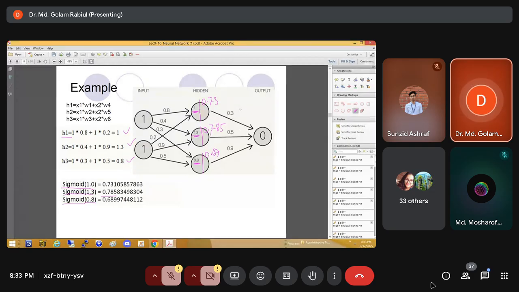Now we have to pass these values as the input to our output neuron, and then calculate the output sum. The output sum will be 0.73 times 0.3 plus 0.785 times 0.5 plus 0.69 times 0.9.